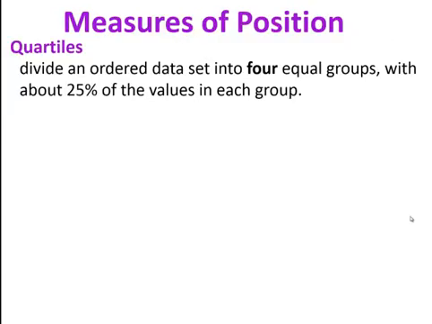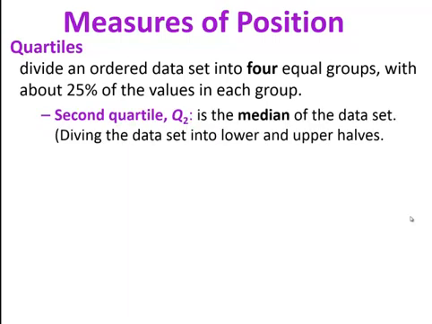When we're doing measures of position, we're going to be talking about quartiles. Quartiles divide an ordered data set into 4 equal groups with about 25% of the values in each group. The second quartile, Q2, is the median of the data set.